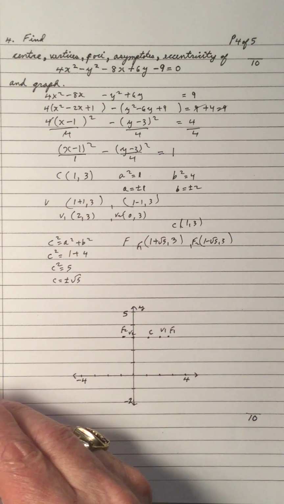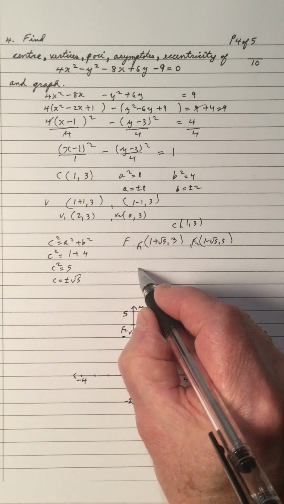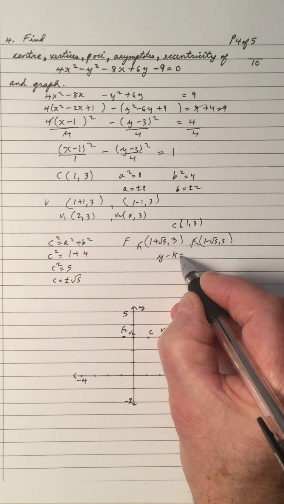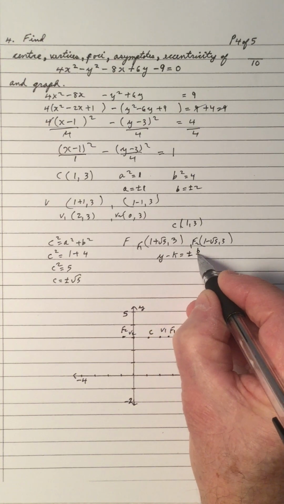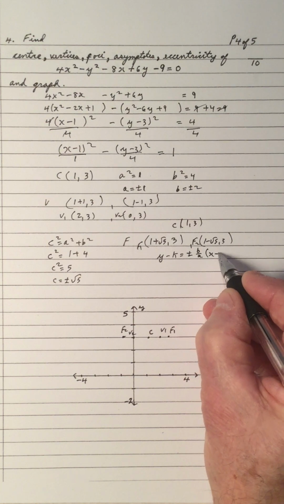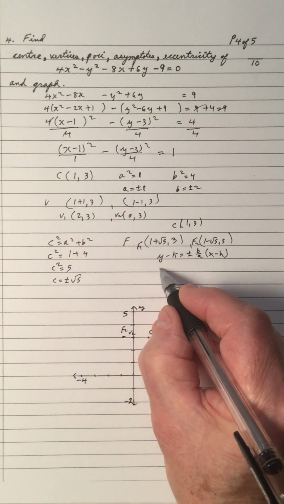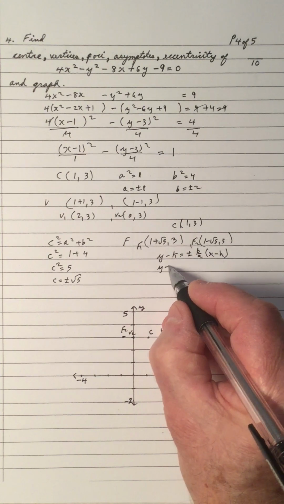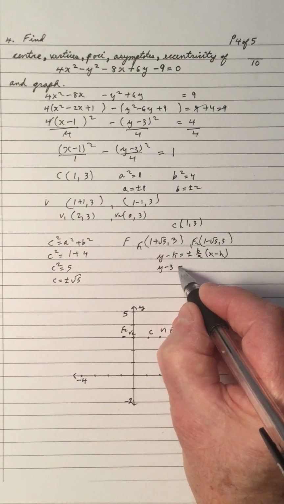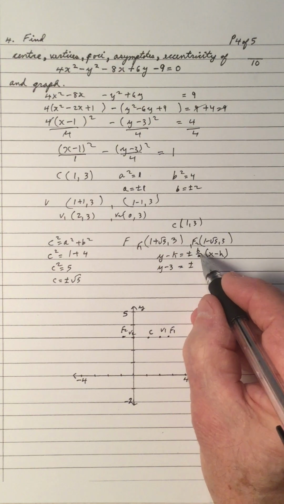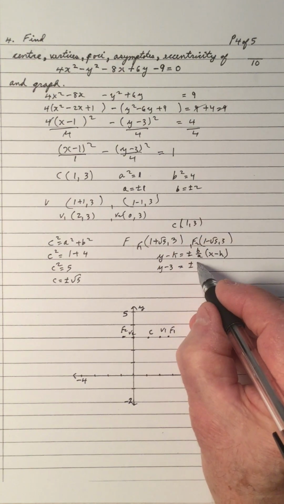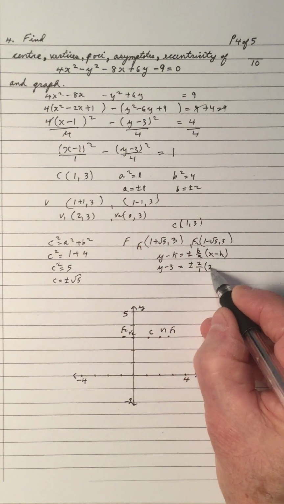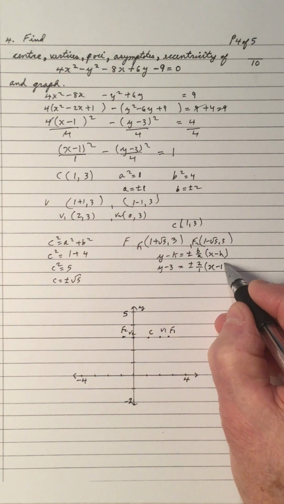And we have the asymptotes. So y minus k is plus or minus b over a times x minus h. The center is 1, 3, so that's y minus 3 plus or minus. B is 2, a is 1, and x minus 1.